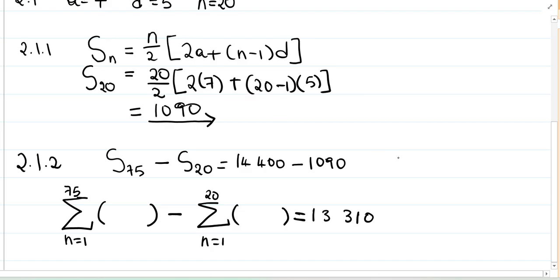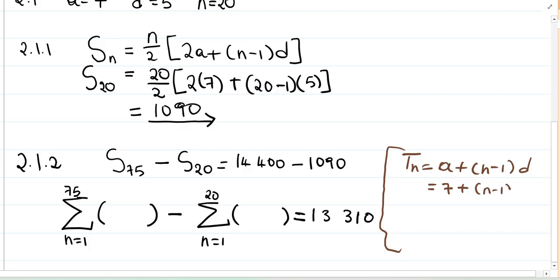We all know that this is arithmetic, and knowing that it is arithmetic, we know that the general term of an arithmetic sequence is given by Tn is equal to A plus n minus 1 into D, where our A is 7 and our D is 5.